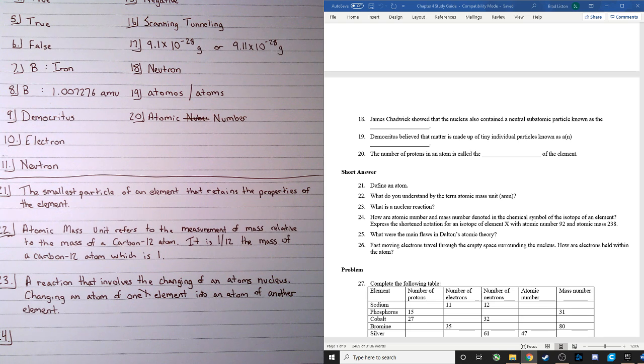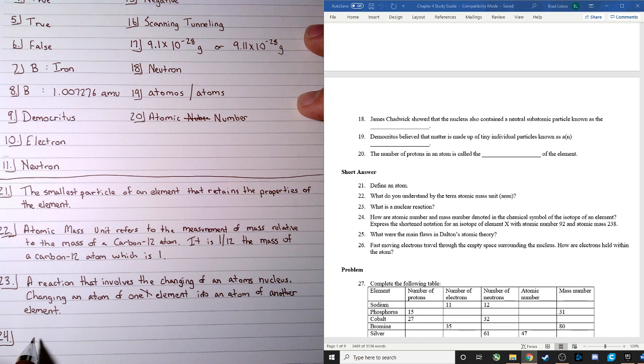For this one, all I'm going to require that you do is just write the notation. So the notation is the atomic mass over the atomic number with the symbol beside it.